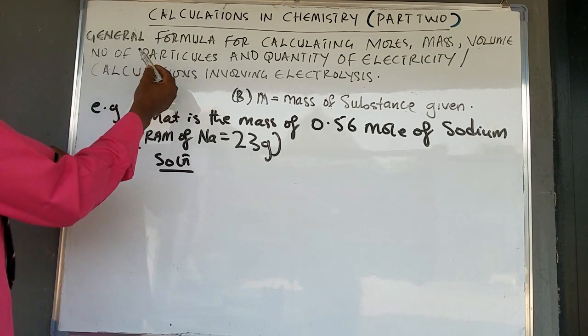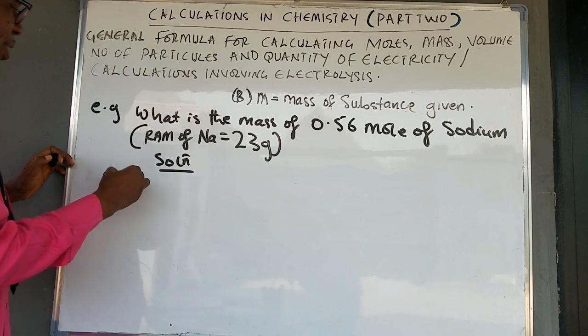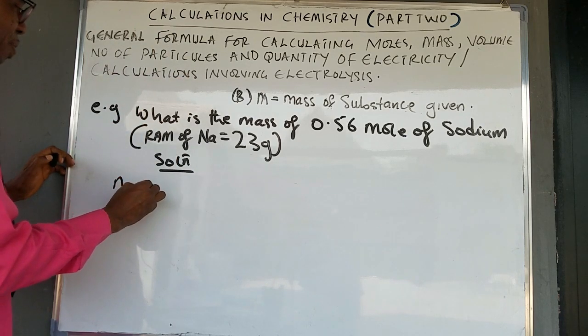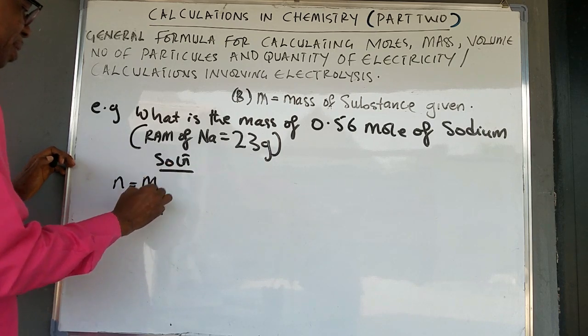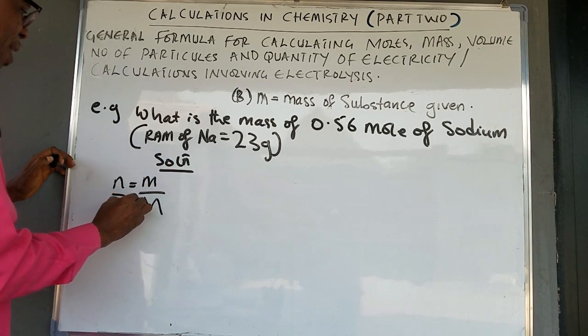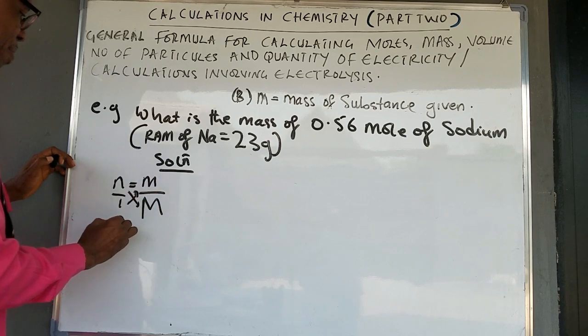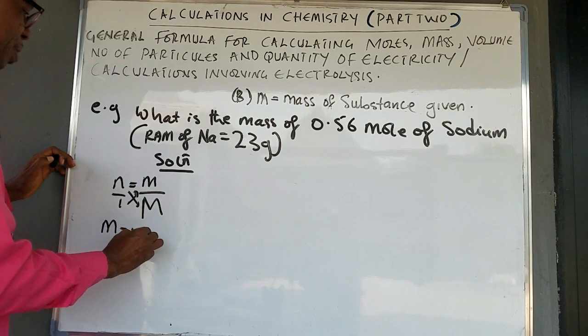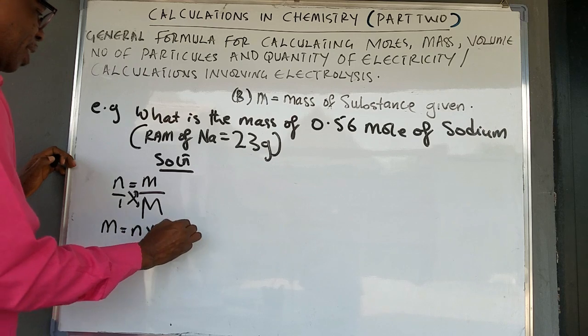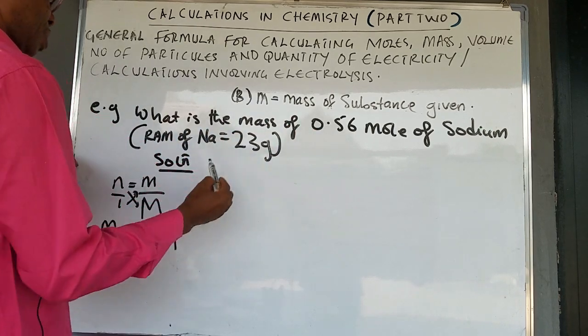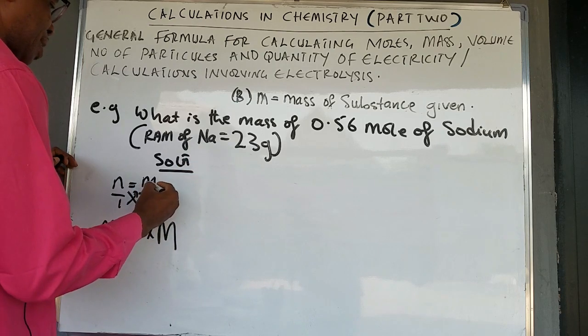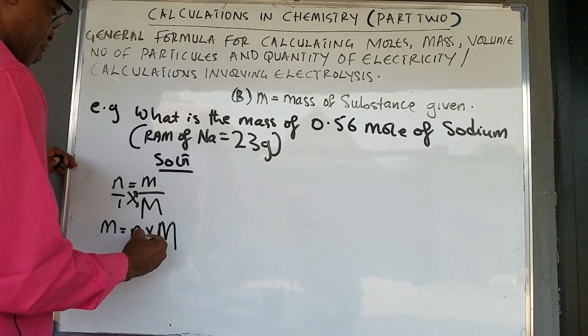In case you forgot the previous one, it said n is equal to small m over big M. If you cross multiply, that means that small m is equal to small n times big M. Okay? Because mass.